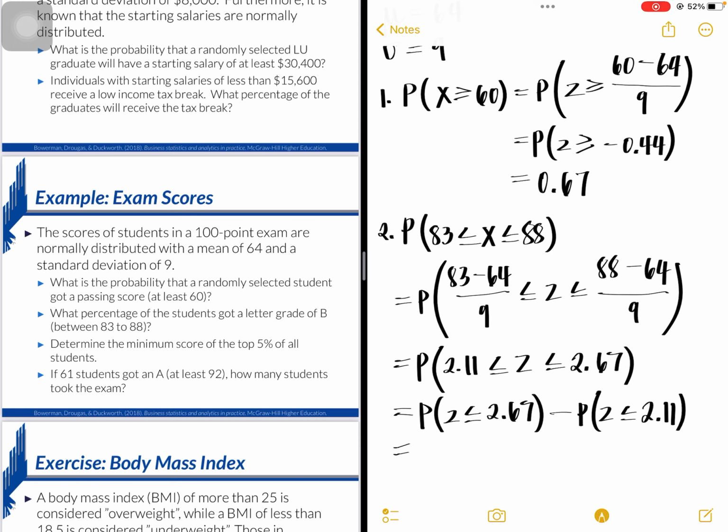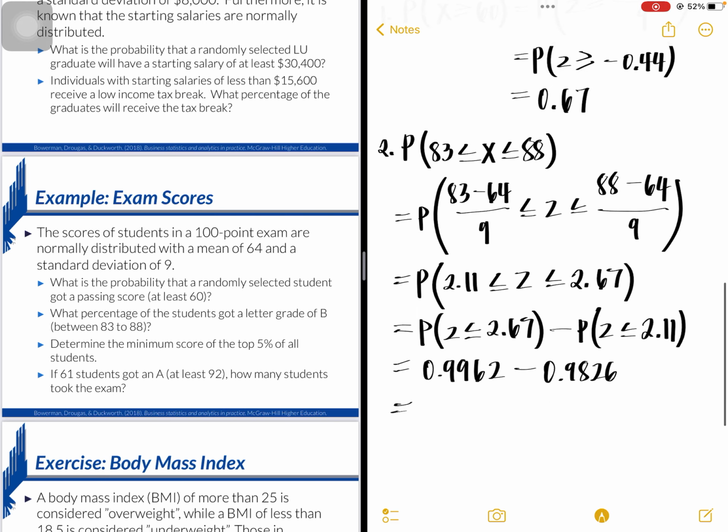So in the standard normal table, the area to the left of 2.67 is 0.9962, while the area to the left of 2.11 is 0.9826. Therefore, when we get the difference between the two, you will get the probability, which is 1.36%.